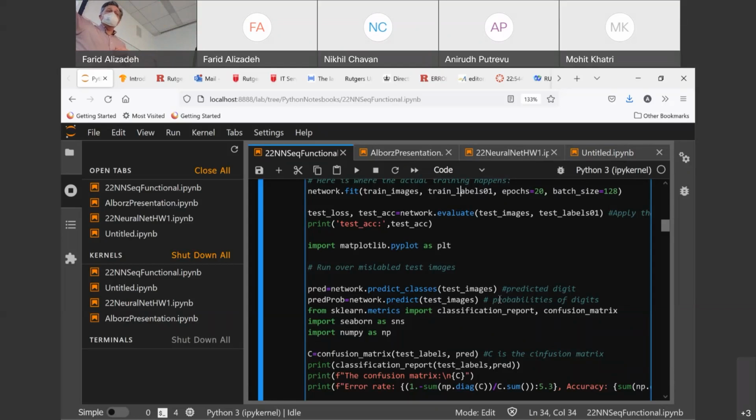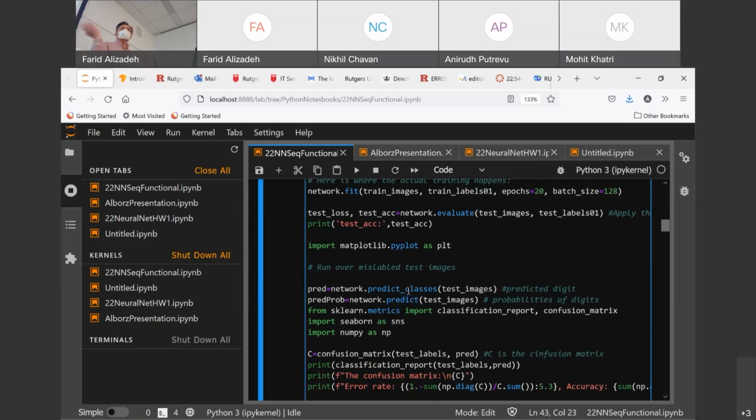So it says, okay, I see this picture, the probability that it's a 0 is very small, 1 is very small, maybe it's a picture of 5, so the probability of 5 is 90%. It outputs a vector of probabilities that it thinks. So that's what this predict does.